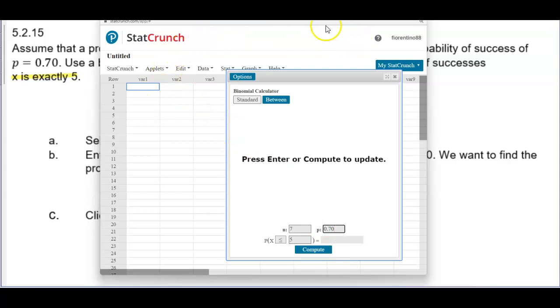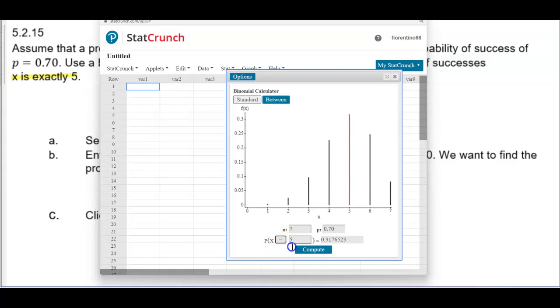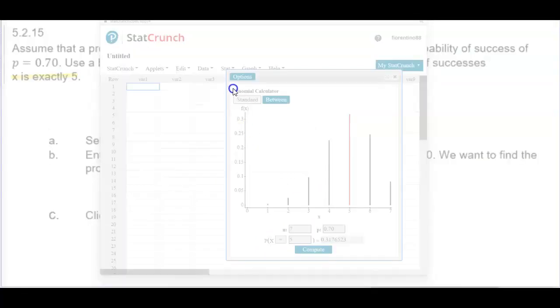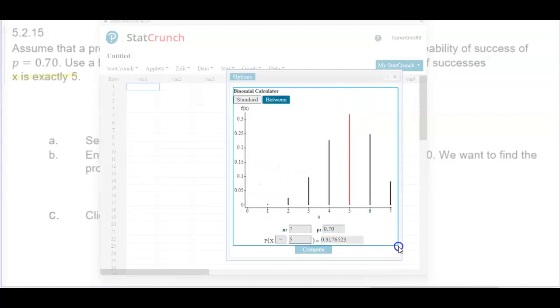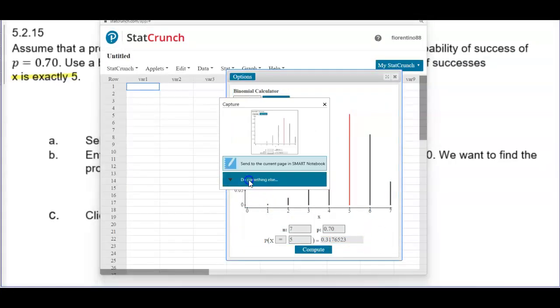Now we also know that because we're looking for exactly 5, it's going to represent x, which is going to equal the value of 5. So then we are given the probability there. Let me copy the probability.